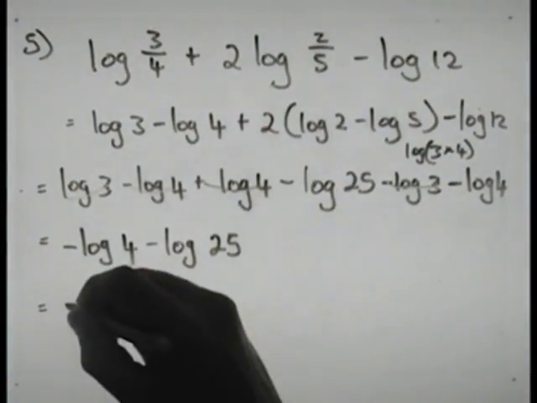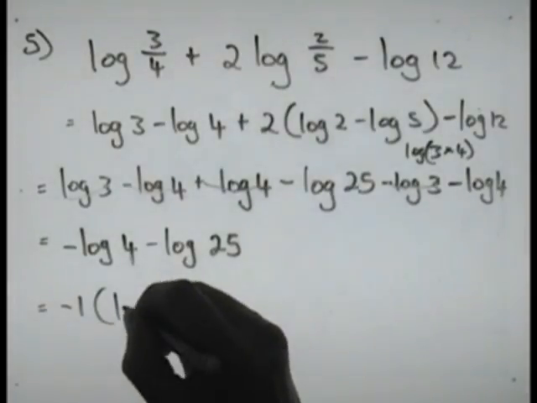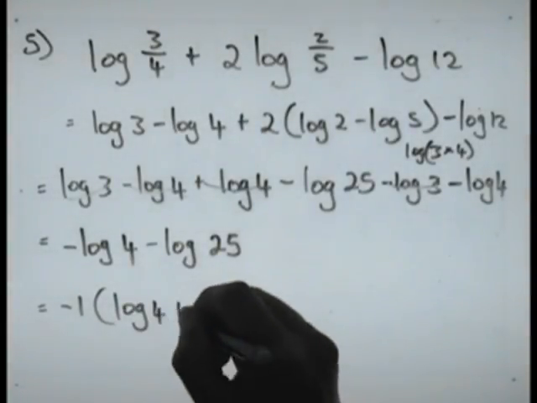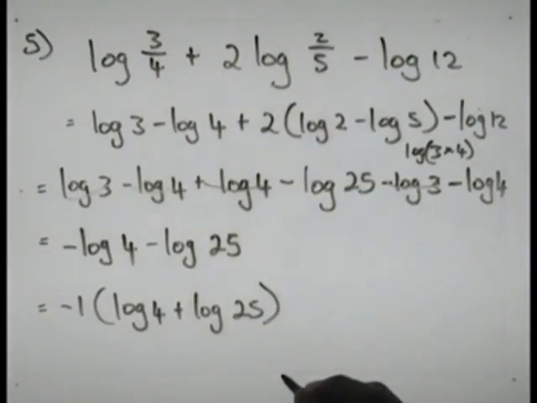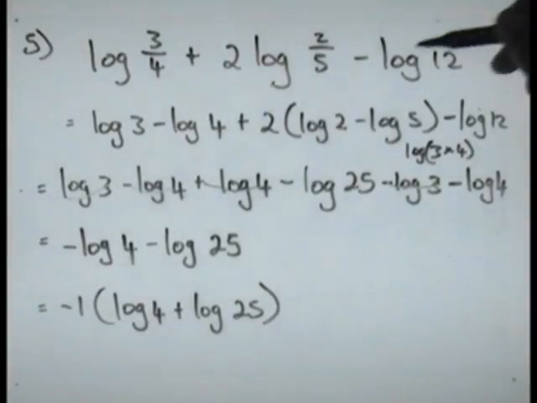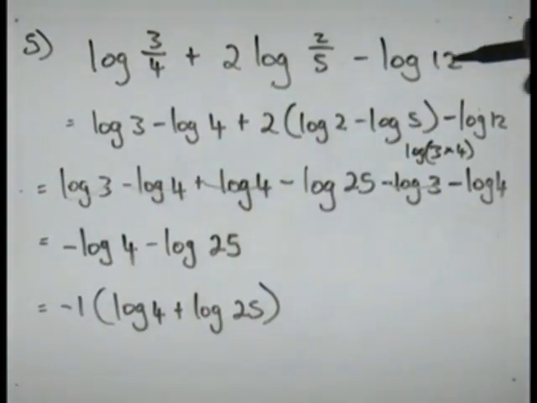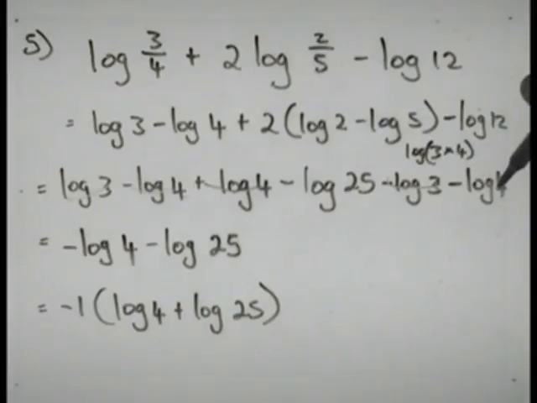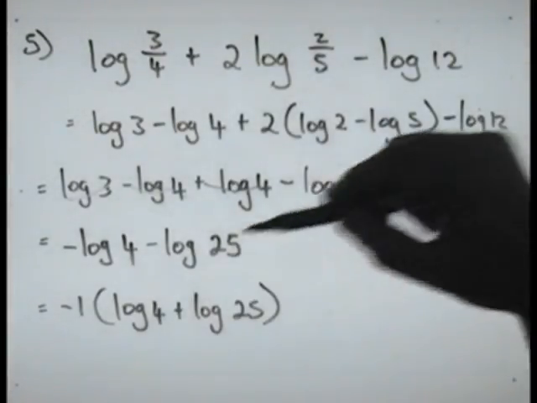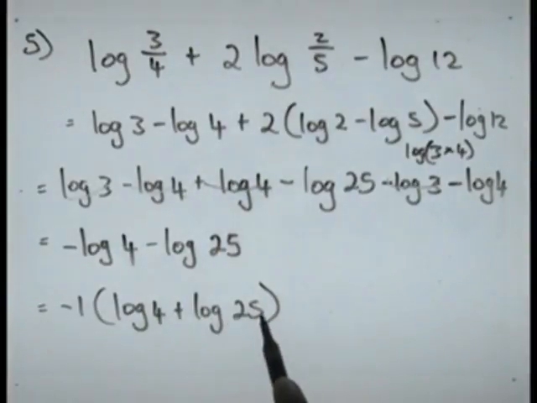I'm going to take out a common factor of minus 1, so that will give me log 4 plus log 25. Now what I did here was I went in one direction with the log law. I turned log 3 times 4 into log 3 plus log 4, but there was a minus, so I multiplied that in. Here I'm going to go the opposite direction. I've got log 4 plus log 25.